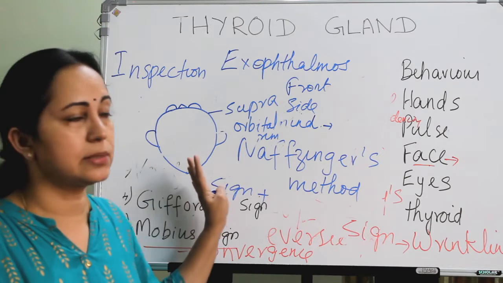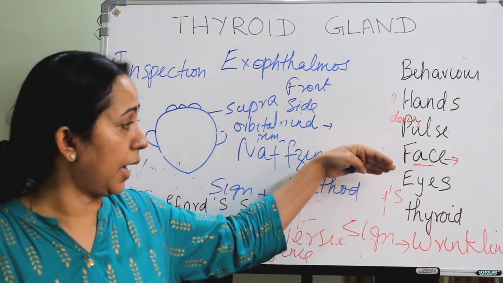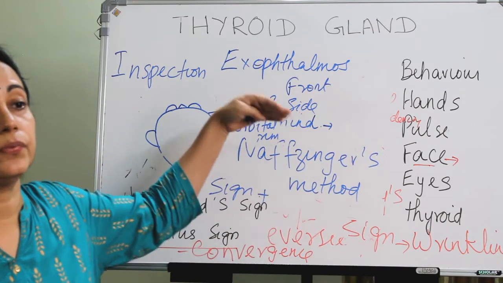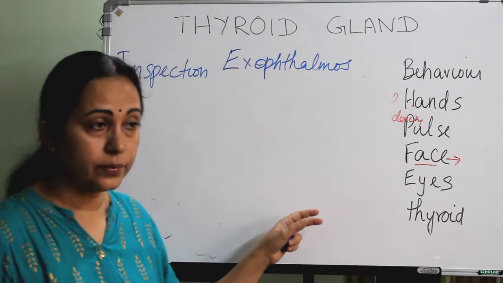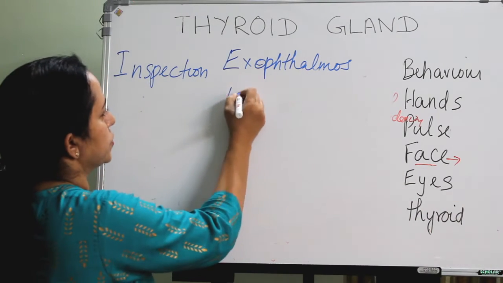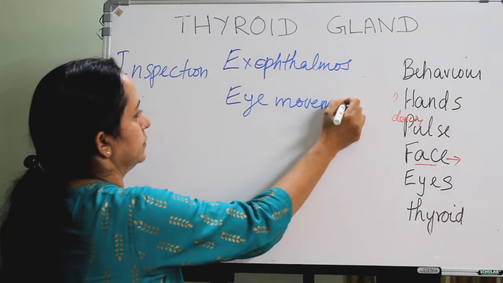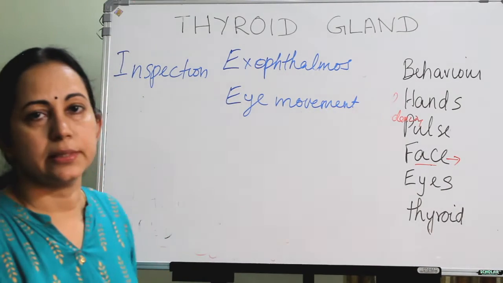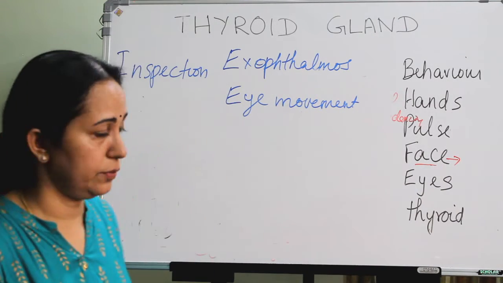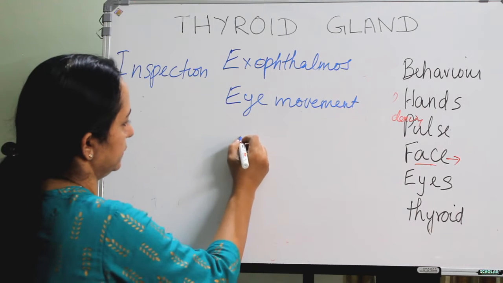So this is regarding the eye findings in case of thyroid toxicosis. And along with that, look for eye movements also. That is the classical H test. What is that? H test.